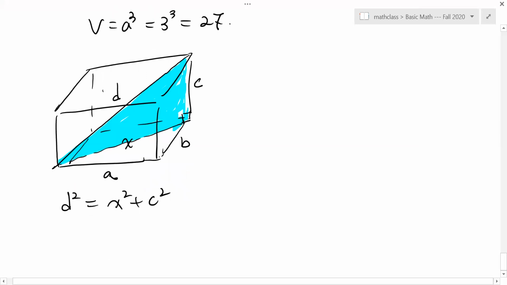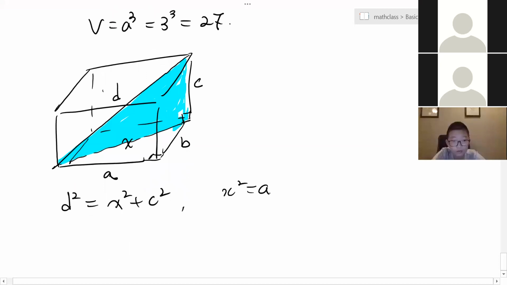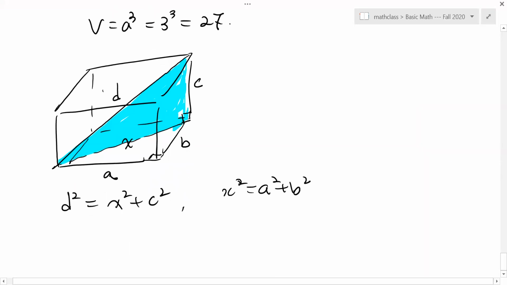Then you look at the triangle at the bottom, and x squared is going to be a squared plus b squared. It's also from the Pythagorean theorem, right? You have 2 triangles to look at, and you apply the Pythagorean theorem.